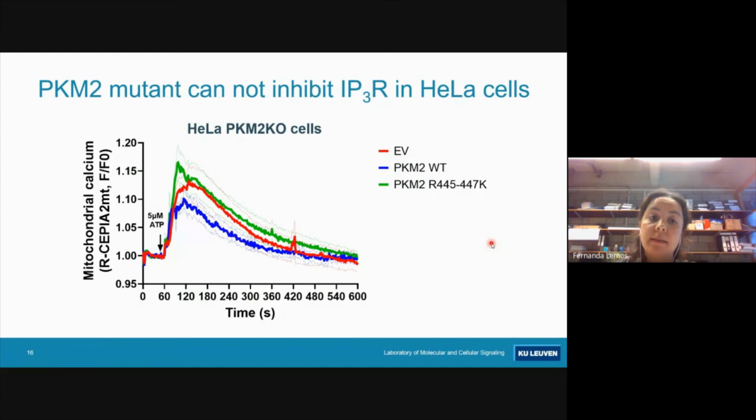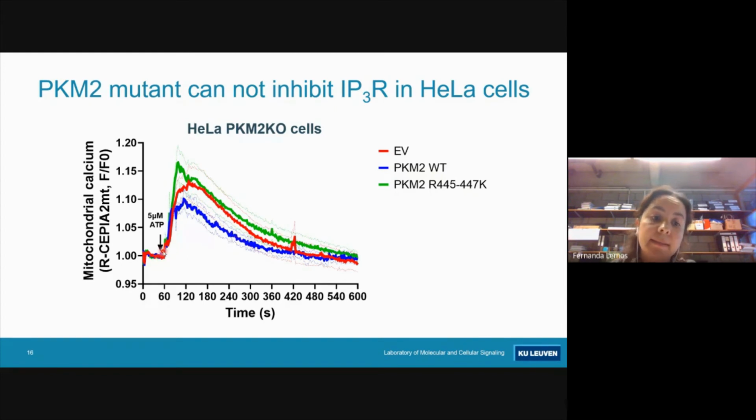However, when we checked the function of this PKM2 mutant, we had a really interesting result. We used the HeLa PKM2 knockout cells again, and we reconstituted them with the PKM2 wild type or the PKM2 non-methylated version, here in blue and in green, respectively. Here you can appreciate that, compared to the empty vector, the cells that were re-complemented with PKM2 wild type showed a decrease of mitochondrial calcium uptake.